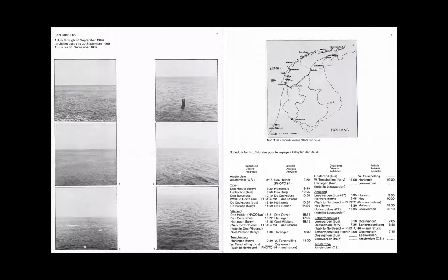So to give one example from the catalogue, this is Dutch artist Jan Dibbets' piece. He called it a travel piece, and it encompasses these six photographs on the left, a map, as well as a schedule with departure and arrival times of certain ferries in Holland.